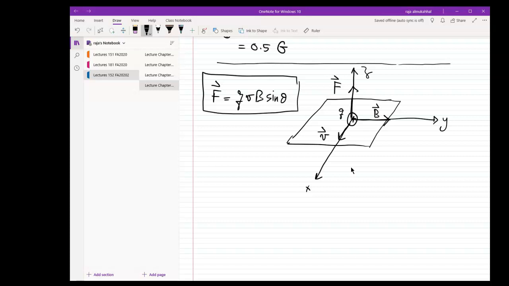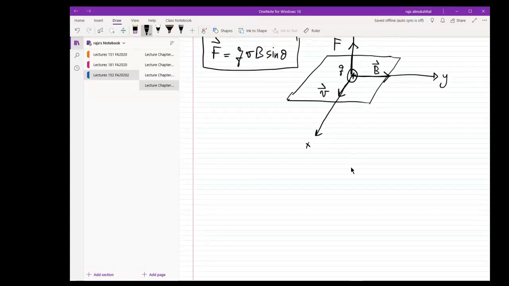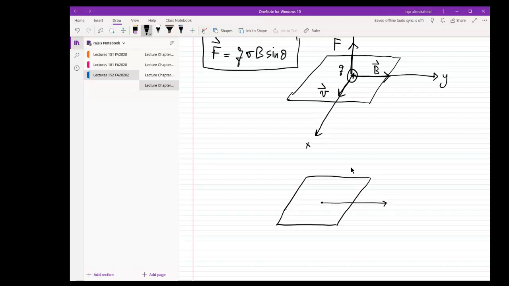If I have, let me draw another picture. Something more specific. Again, let's just go back to the same plane. So we have here y, this one is x, and this is z above it, right? It's coming out of the plane like that.